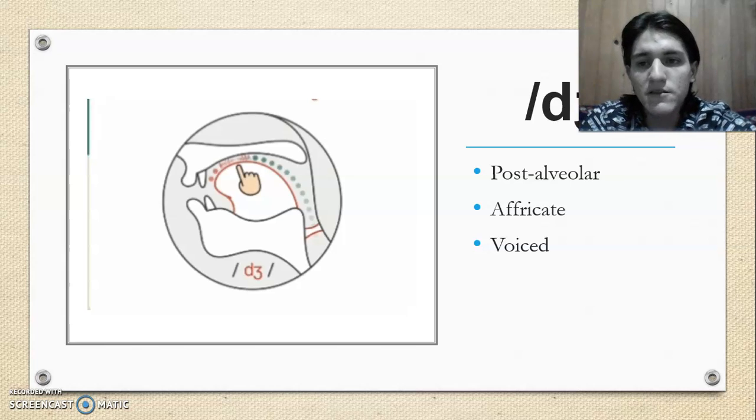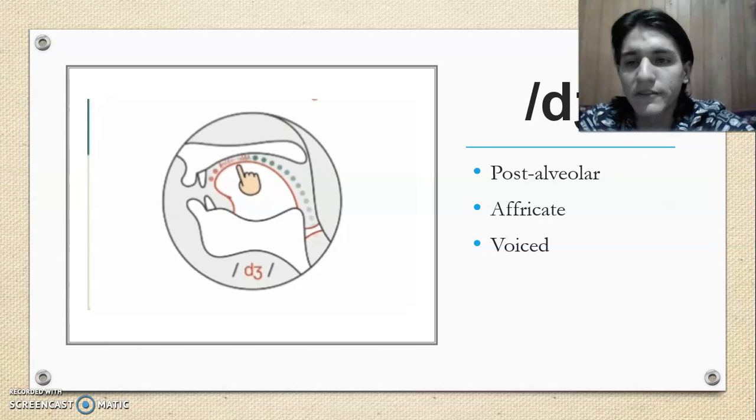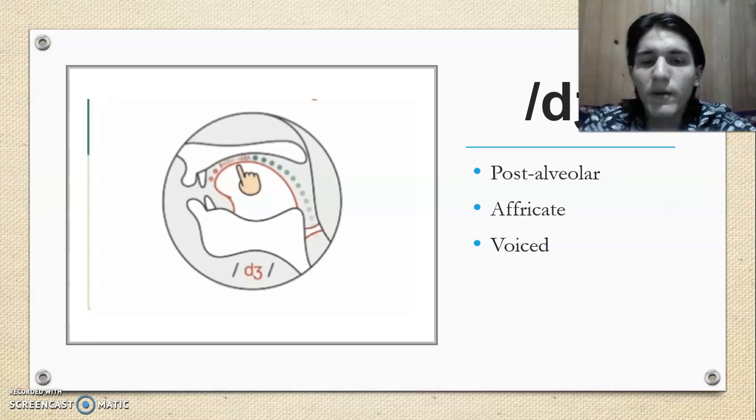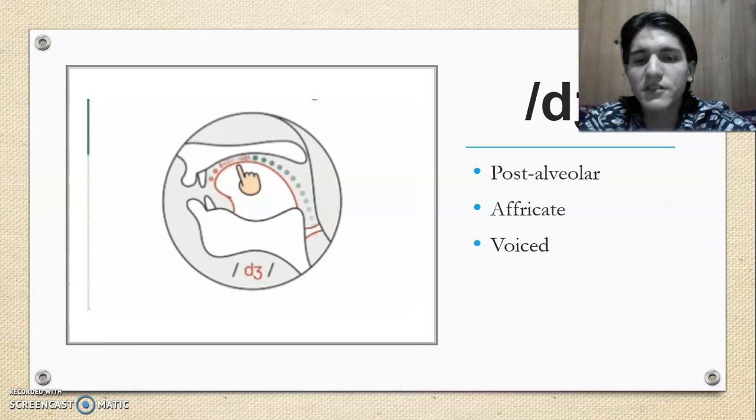And let's explain how to make this sound. First, slightly open your mouth and push out your lips. Place the tip of your tongue on the alveolar ridge behind your upper front teeth. This way you stop the air.